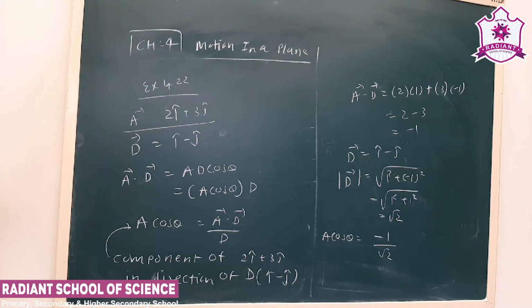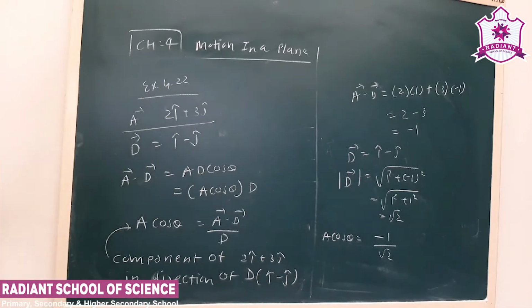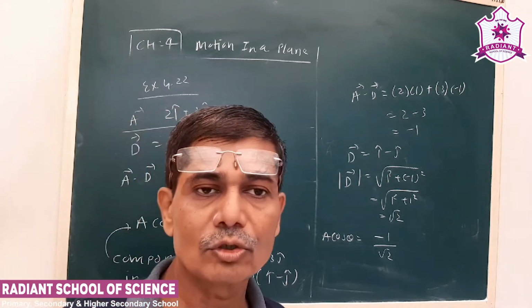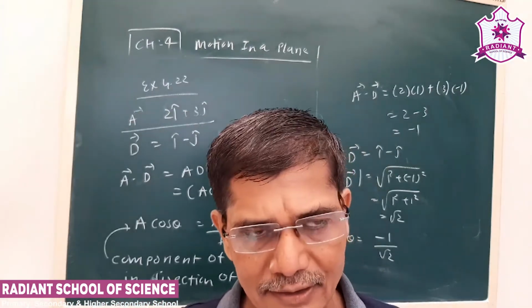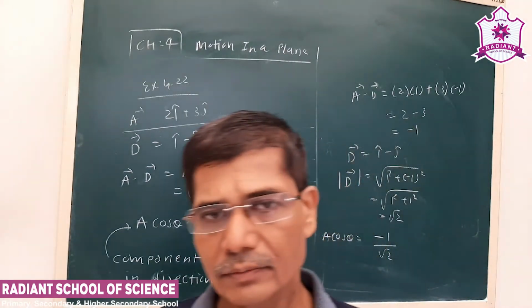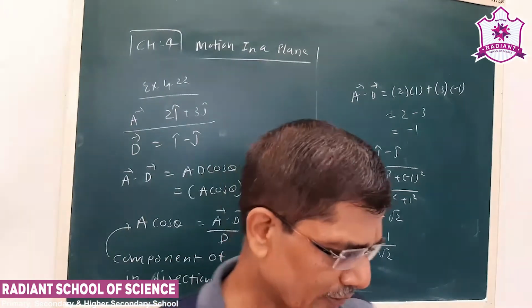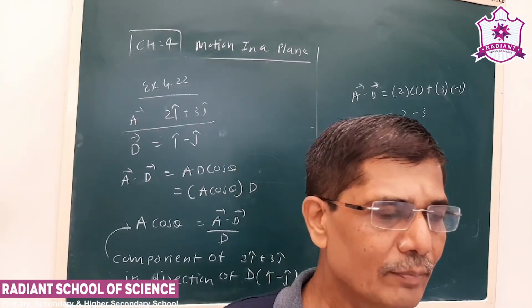So this is about exercise sum number 4.22. Now we have covered most of the exercise numericals. Some theory parts are there that we can discuss in the classroom. Now I would like to take some MCQs which are very important.